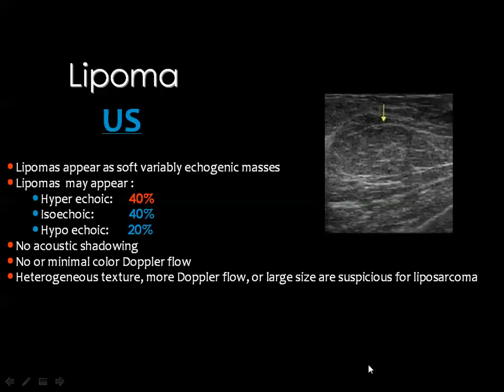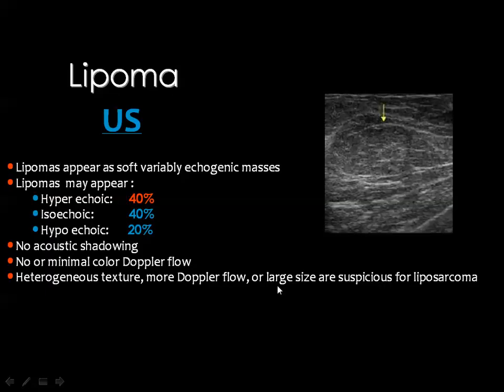We all know that lipomas should be echogenic on ultrasound, but according to the literature, lipomas may be hyperechoic in about 40% of cases, isoechoic to the adjacent tissues in another 40%, and hypoechoic in 20% of the cases.